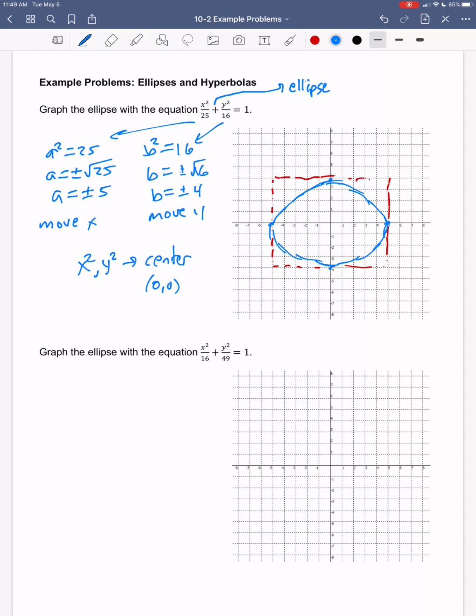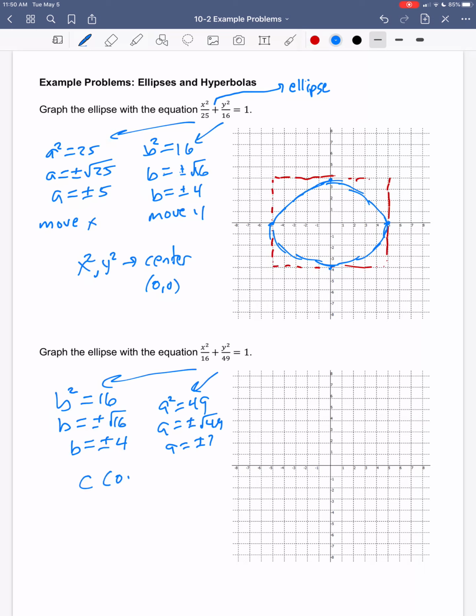For this problem, down here, my b squared is 16. Honestly, for what we're doing in this class, if you still called it a, you'd get the right graph. But in theory, it's really b because it's smaller. And then a squared is 49, so that would be plus or minus the square root of 49, which would be plus or minus 7.